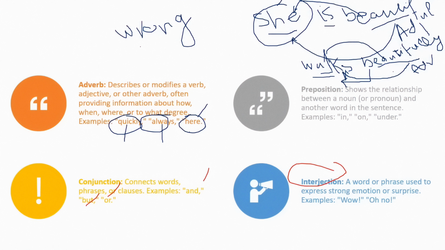Hooray, aha, oh, ouch. So these words express certain emotions, and this sign of exclamation shows their emotion. These words always have such a symbol with them.